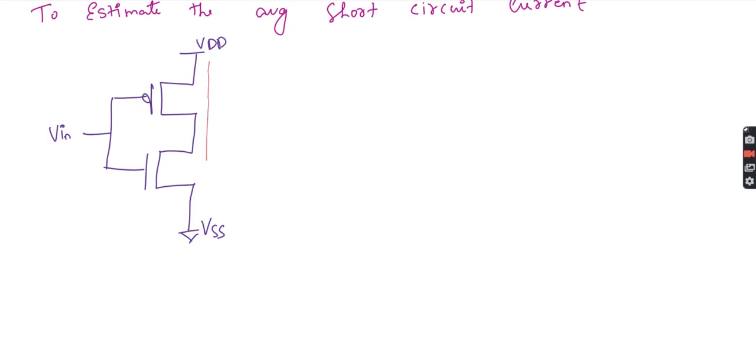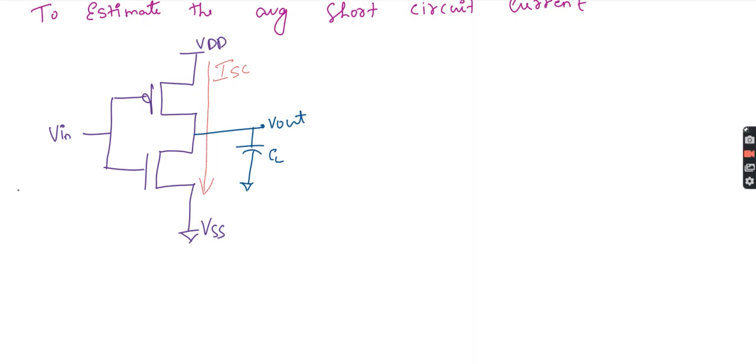Very simple. This is what I can see as short circuit current. Now the output you have to take, right? Output will have one constant, that is CL. This will be your Vout.